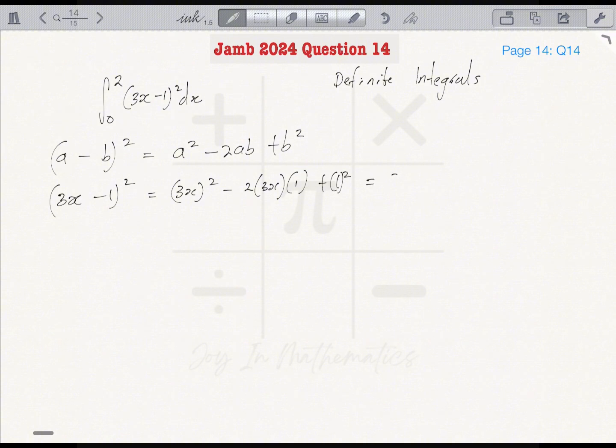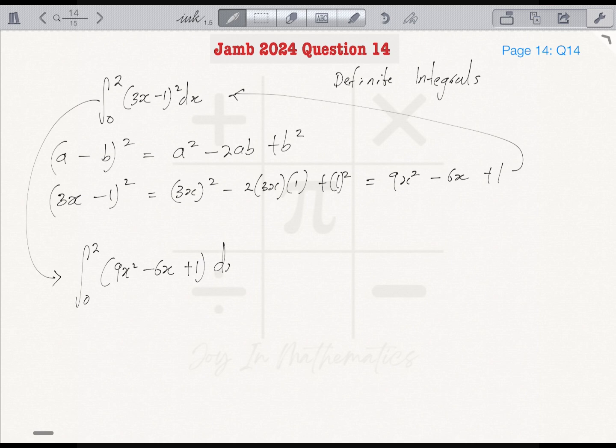The 3 will be squared, so we have 9x squared minus 6x plus 1. So this will become the integral from 0 to 2 of 9x squared minus 6x plus 1 with respect to x.